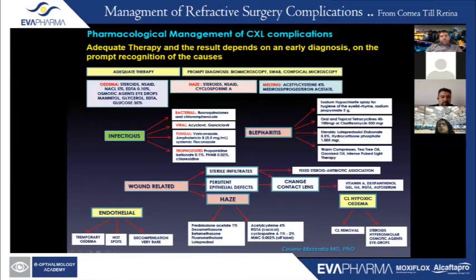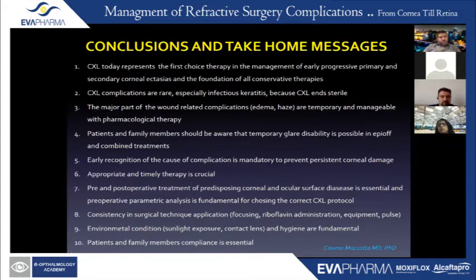To conclude, I want to give some take-home messages. Cross-linking represents the first-choice therapy in the management of early progressive ectasia. Of course, the complications are rare, especially infectious keratitis, because cross-linking generally ends sterile.